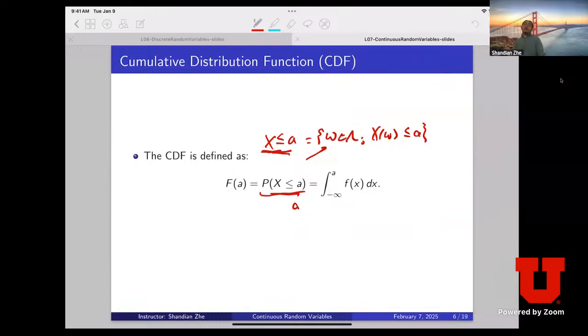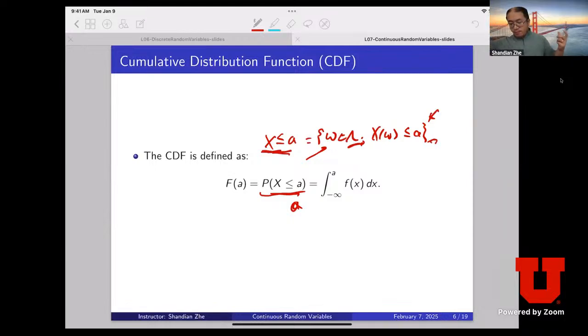But for the continuous case, because the sample space omega becomes infinite and continuous, you can imagine that when you change A continuously, this set, which is a range, also changes continuously.